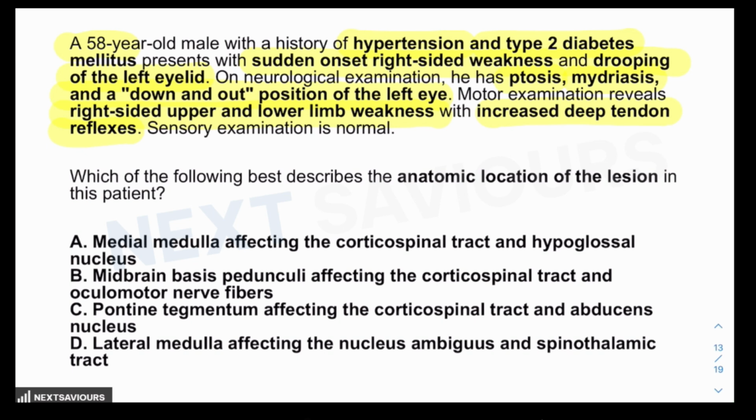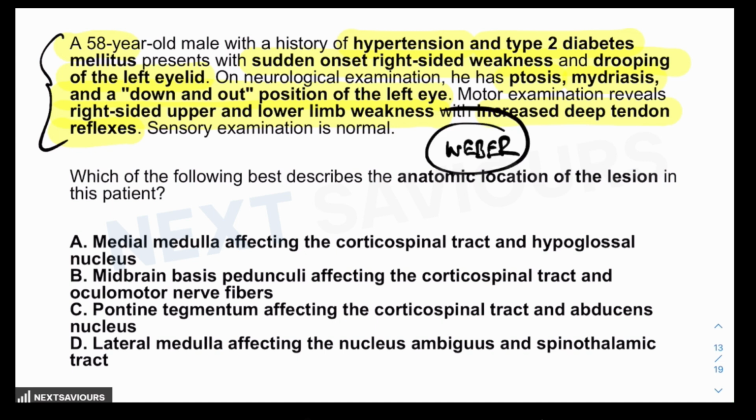Now let's see what all is provided to you in the question. You see the patient's ipsilateral oculomotor palsy features like ptosis, mydriasis, down and out eye, and the contralateral hemiparetic features like right-sided weakness. It is clearly suggestive of the Weber syndrome that we have talked about.